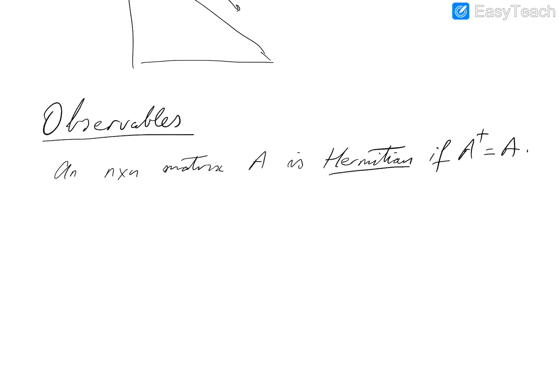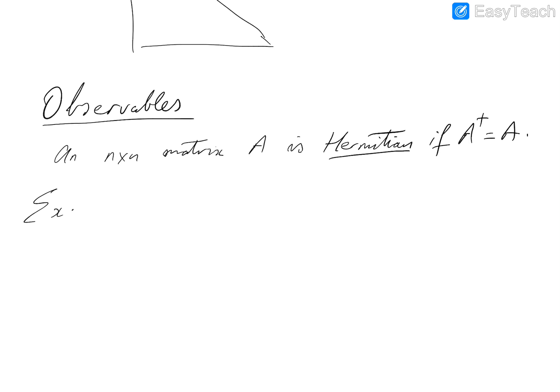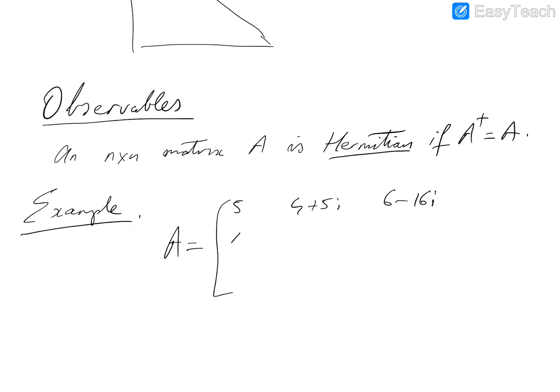We can give many examples, but maybe one example would be the matrix 5, 4 plus 5i, 6 minus 16i; 4 minus 5i, 13, 7; 6 plus 16i, 7, minus 2.1, let's say. So this is a Hermitian matrix. I left a verification for you.